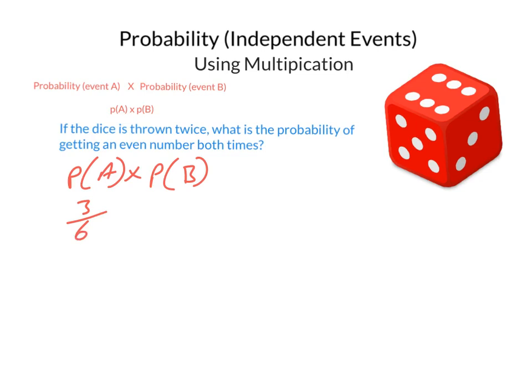And we can simplify that down to a half. And the second time that we throw the dice, obviously the probability is still going to be a half that it lands on an even number. And half times half, remember it's top times top, and bottom times bottom, is a 1 in 4 chance. So there's a 1 in 4 chance that you'll get an even number both times if the dice is thrown twice.